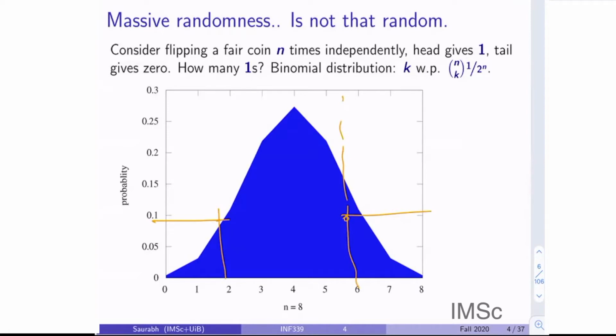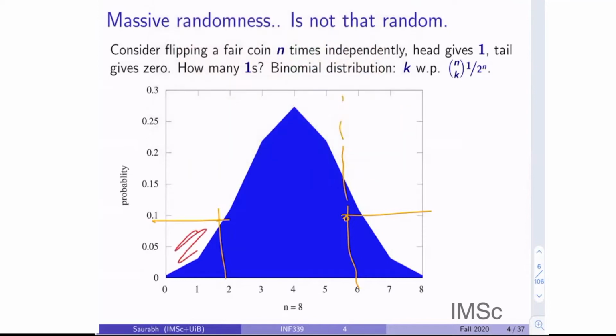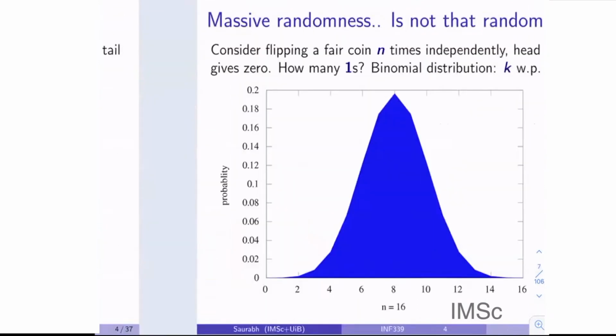Notice that this is the probability that you get 0 or 1 heads, and this is the probability that you get more than 6 heads. So this is less than 0.1. So the probability that the number of heads is between 2 and 6 is roughly more than 0.8.